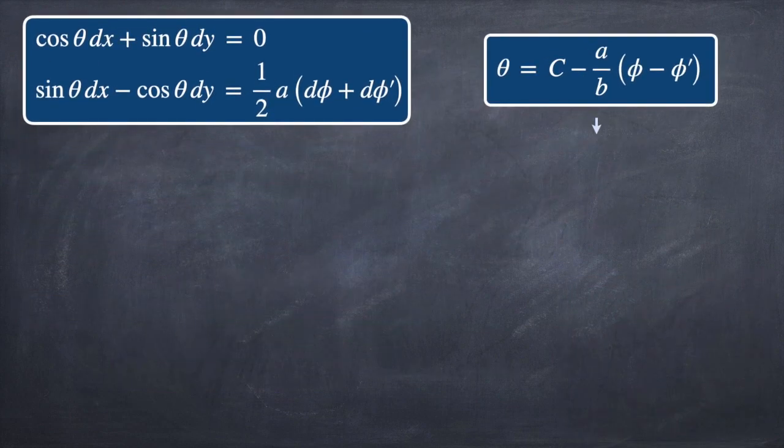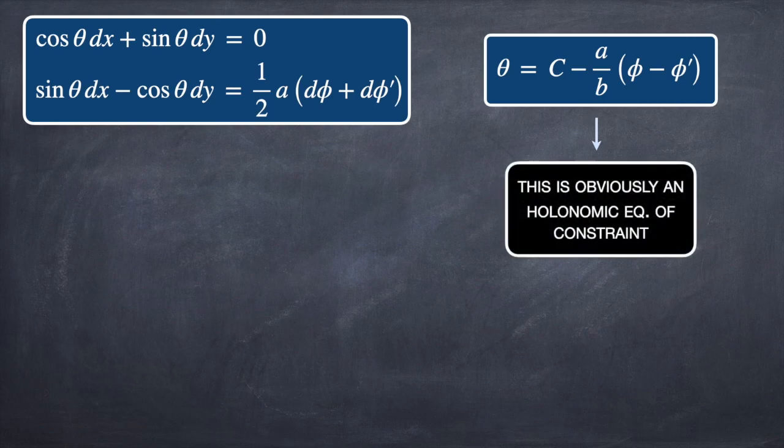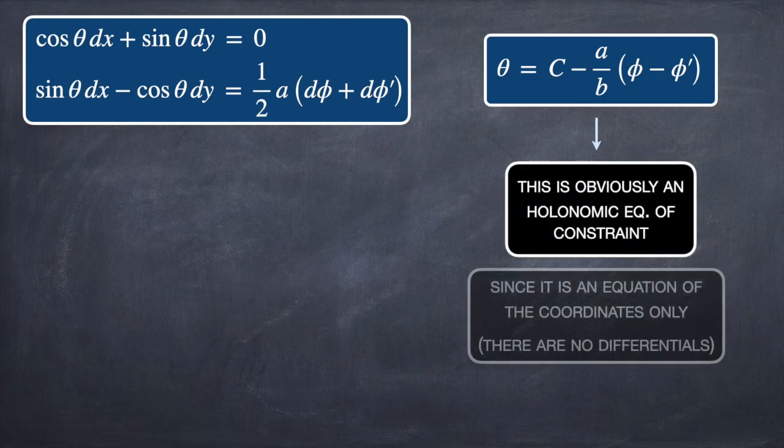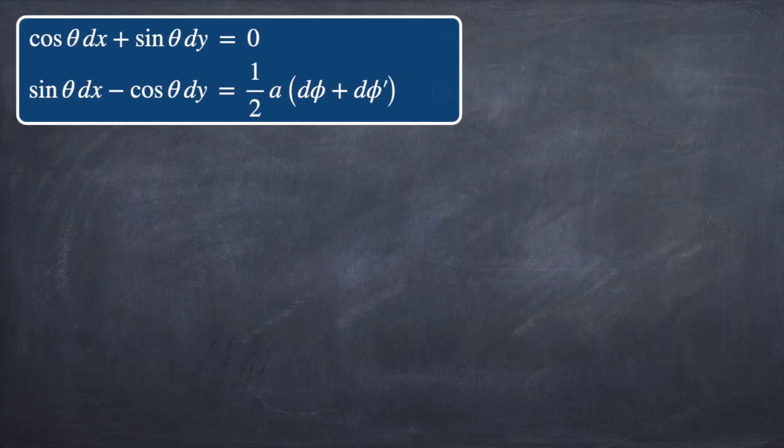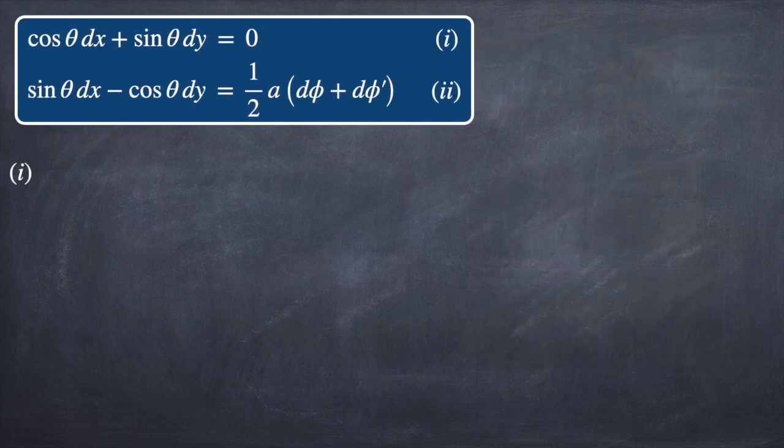So let's start with this one. This is obviously a holonomic equation of constraint. Why? Because it is an equation of the coordinates only. You see theta, phi, phi prime, and constants. So there are no differentials, and then it is holonomic.